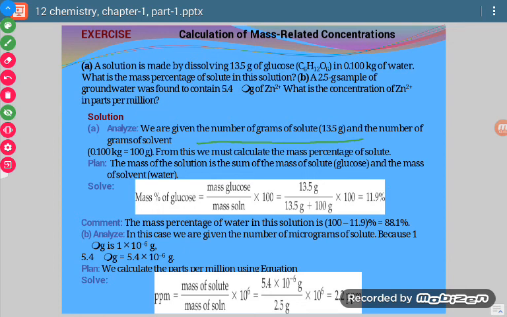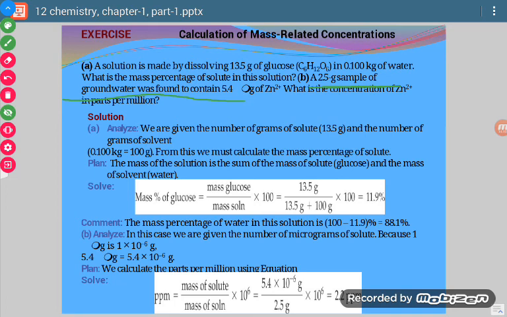Okay, now number of grams of solvent, this is also given. From this, mass percentage of solute is to be calculated. Now we will be using the simple formula, mass of glucose over mass of solution multiplied by 100. So these two values are given to us separately, so it comes out to be 11.9%.